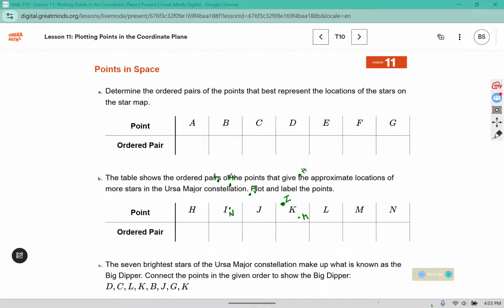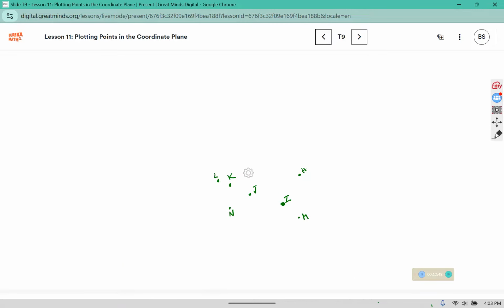This last part, C, says to connect the points in the given order to show the Big Dipper.